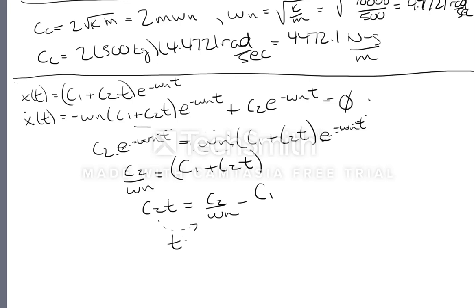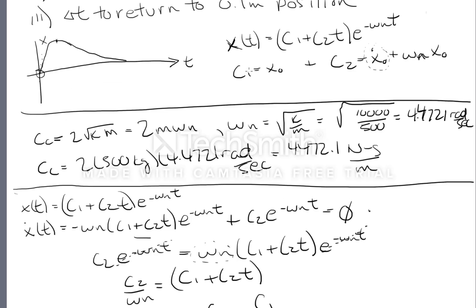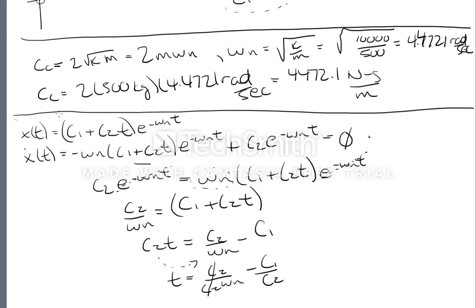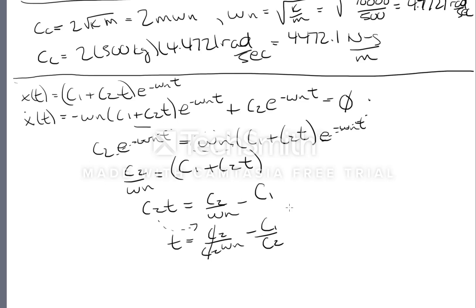So t is equal to C2 over C2 omega n minus C1 over C2. So obviously those C2s cross out. And recall that C1 is equal to x naught, and x naught, in this situation here, is equal to 0. So we are left with t equals 1 over omega n.